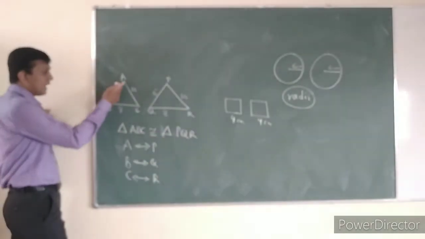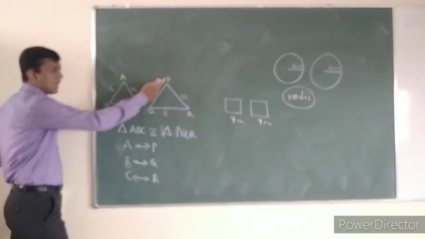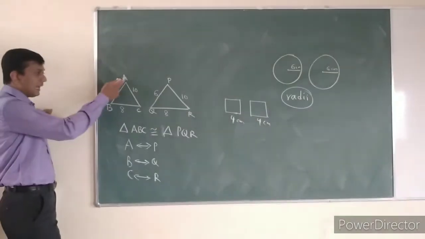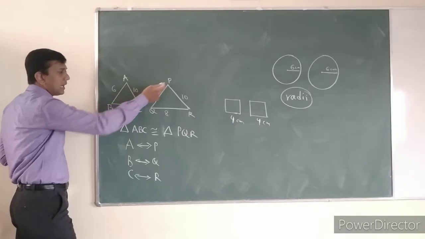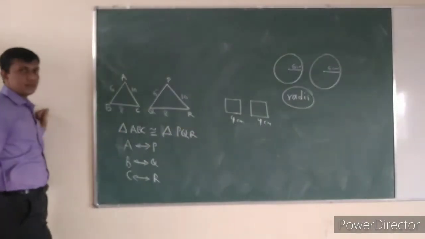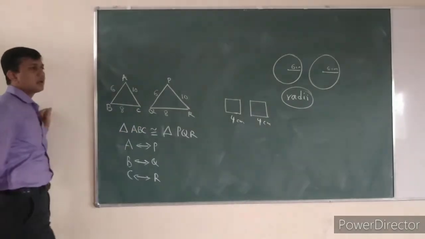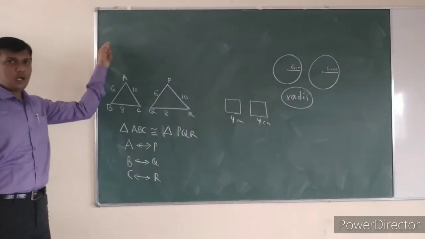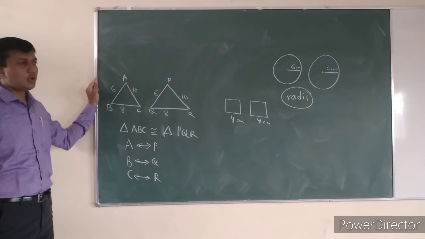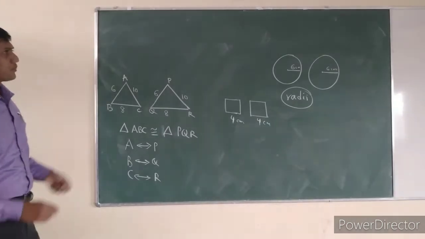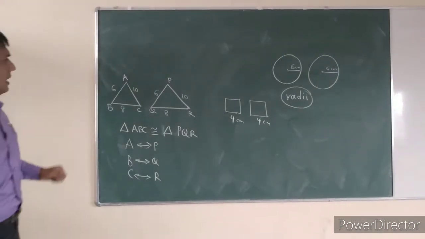You should not write triangle ABC, triangle PRQ. It will be wrong. Triangle ABC and triangle PQR are congruent. These are called naming conventions, and they are very important in congruency of triangles. So you have to be very careful. Now we move on to the axioms.